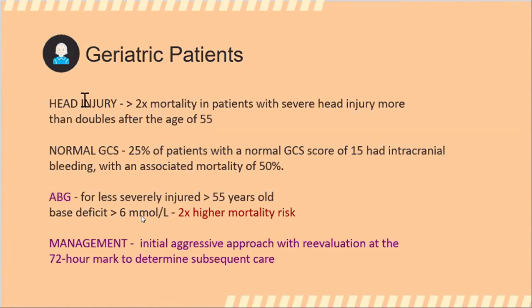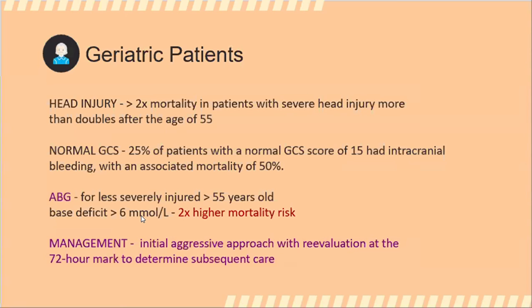So for geriatric patients, head injury has 2 times mortality, and it doubles after the age of 55 because of what I've explained earlier. Mas maliit na yung utak nila kasi nag-atrophy, so mas mahaba yung veins, bridging veins.